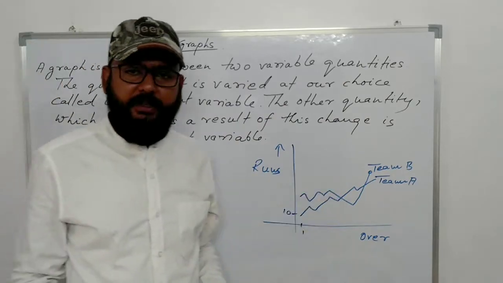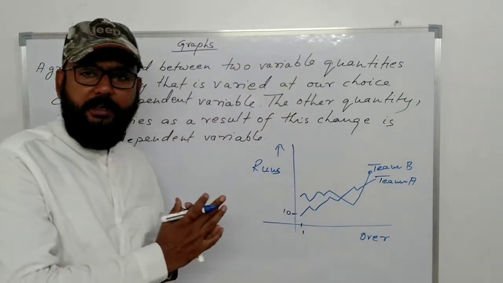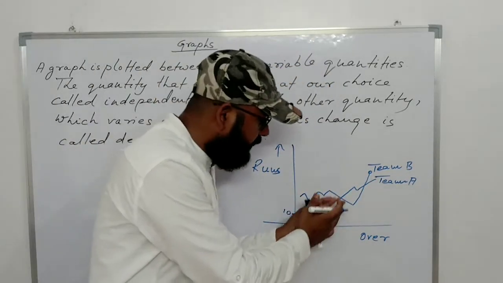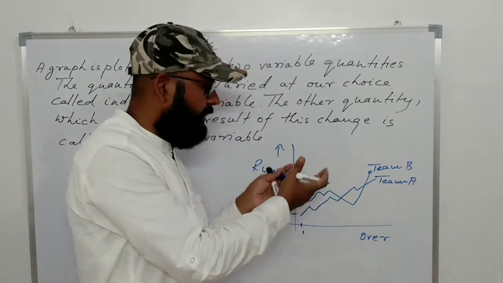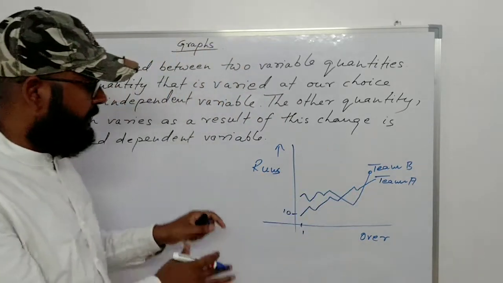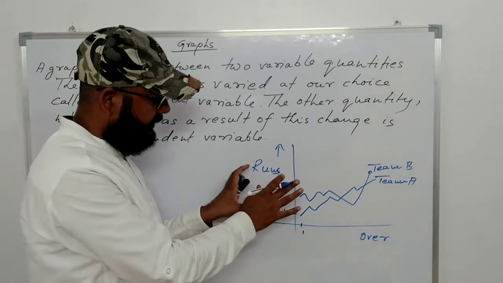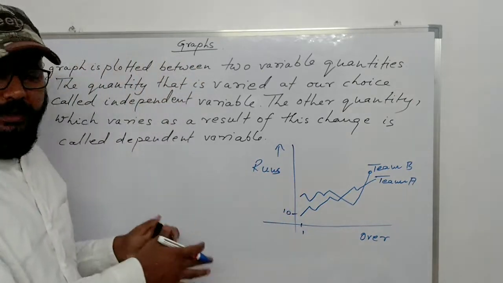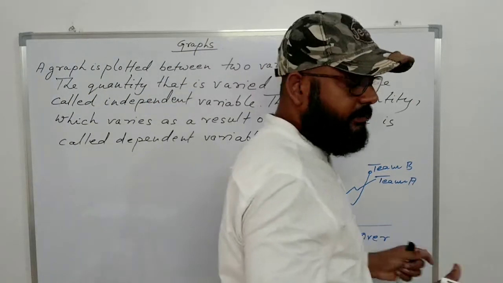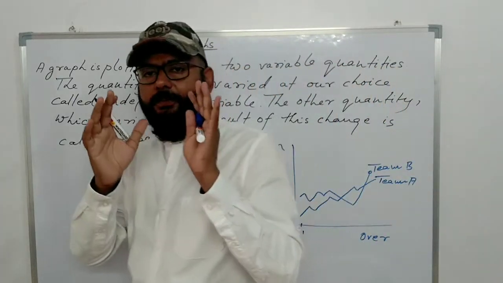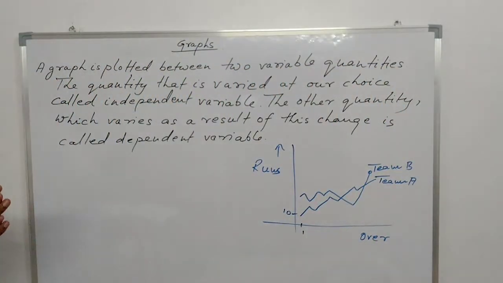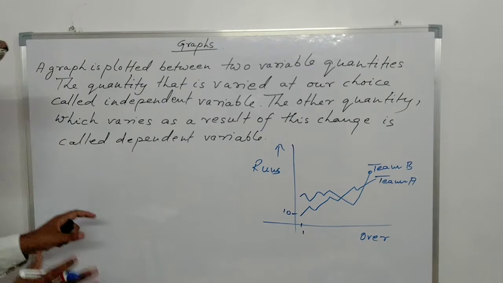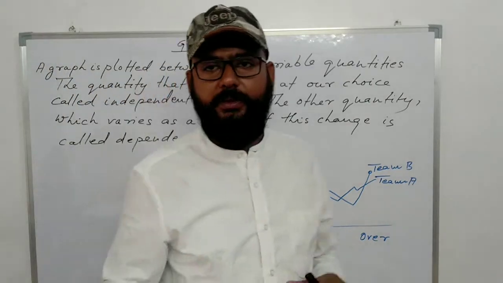If this graph is given, it is very easy to understand in which over what run is made by which team. Okay, this is a rough example. We will see it in depth also. So mainly the graph is a very powerful method of representing information. That's why we use graphs.